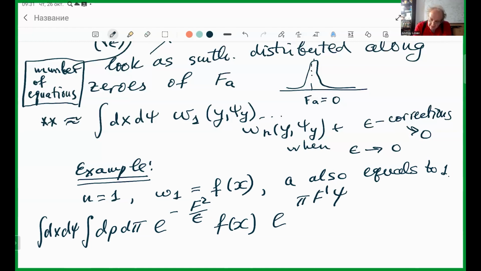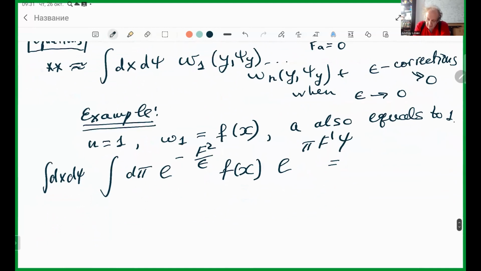Sorry, I have already taken the integral over p. Now I take the integral over psi and over pi.